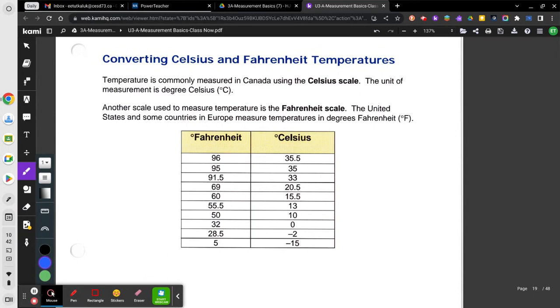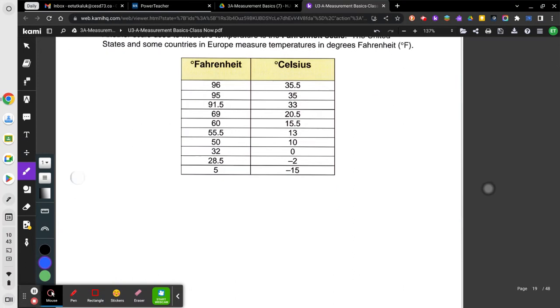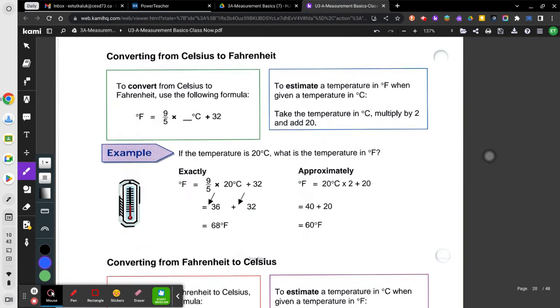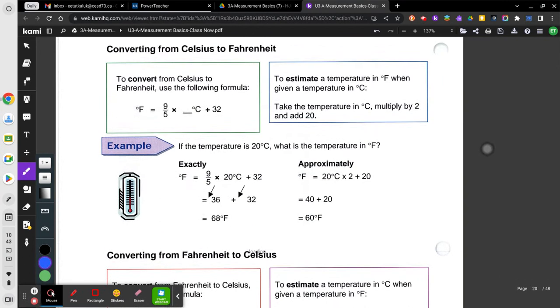So now when we've got Fahrenheit. All right. So we're converting with our temperature scales. We're talking Celsius. In Canada, we use Celsius. The US, other states, they use Fahrenheit. So we have to convert between them. If we want to convert between them, on the next page, they're showing exactly what to do.